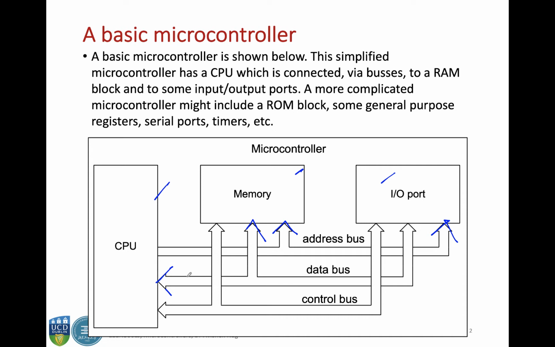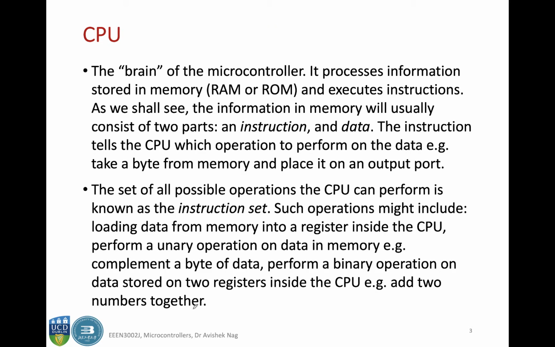The control bus also, you see, is bidirectional, so you have exchange of control signals through this control bus between CPU and the different blocks. But the address bus is unidirectional, so the CPU uses the address bus just to locate some addresses in the memory, so that's why the address bus is unidirectional.